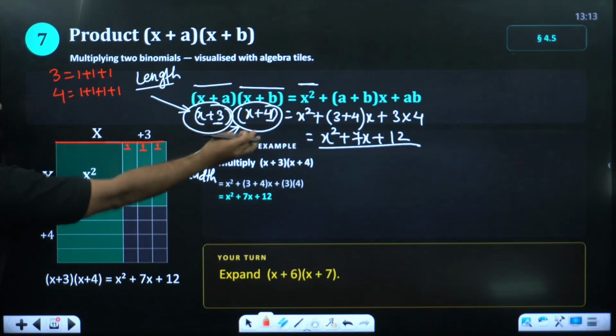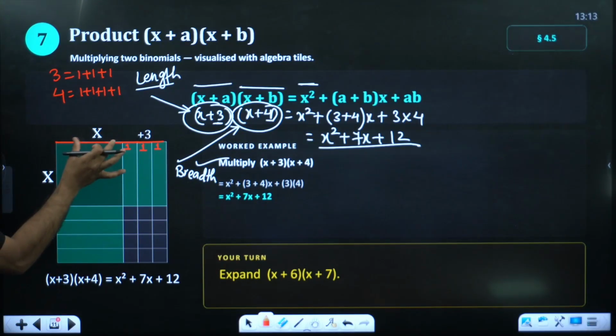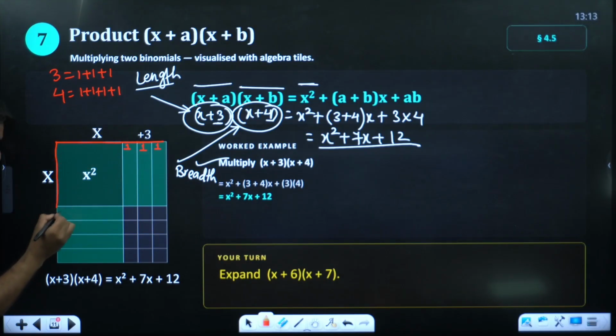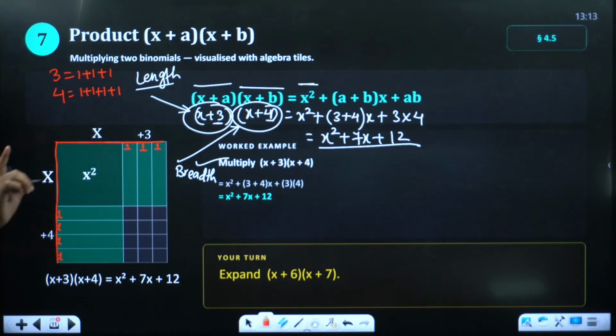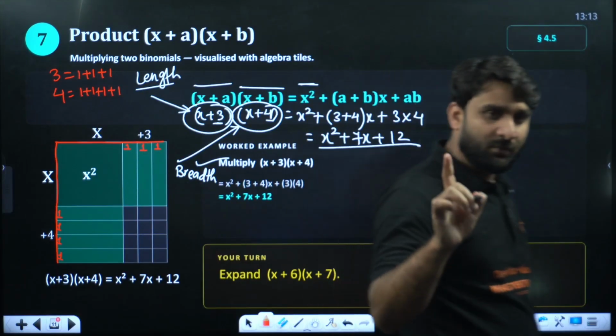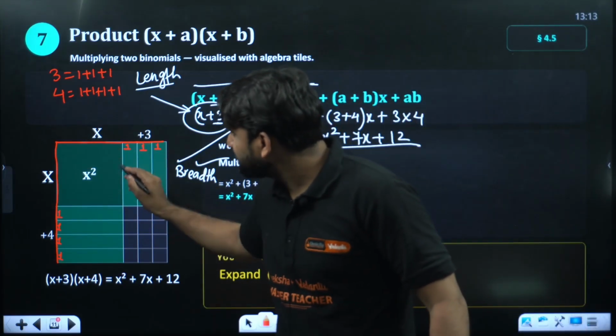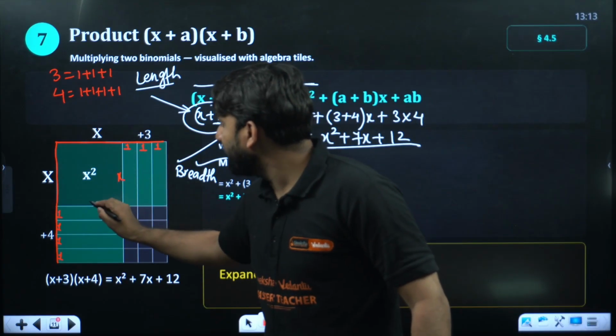For x plus 4, which is the breadth here, if this is x, it has to be x, and we want 4, which means 4 equal boxes: 1, 2, 3, 4. This is 1, this is 1, this is 1 and this is 1. Now my dear champion, please focus. If this is x, it has to be x and it will also be x.